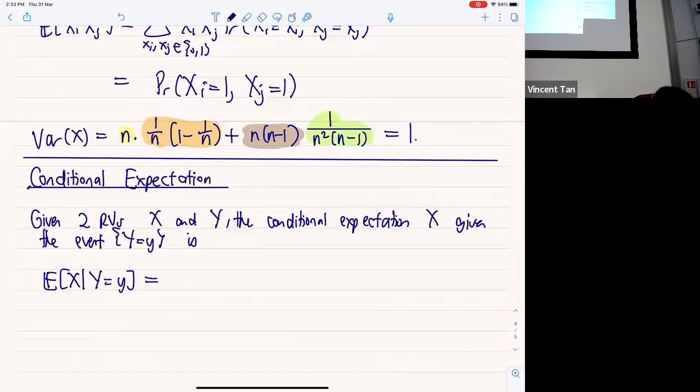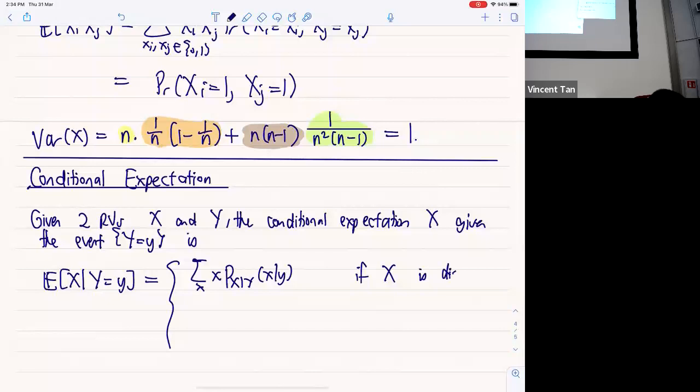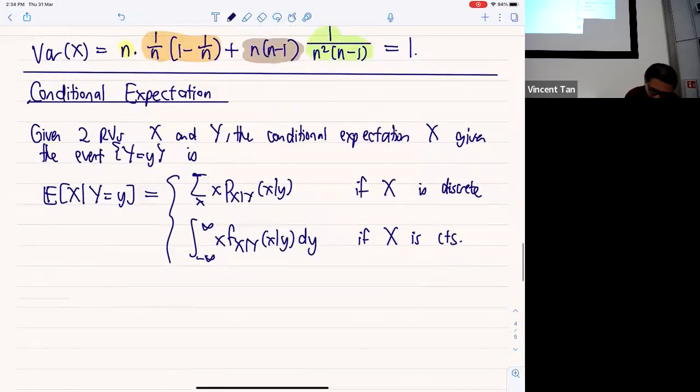It is defined in two cases: the sum over all possible values of x, x times p(x given y), if X is discrete, and the integral of x times the conditional PDF of x given y, dx, if X is continuous.